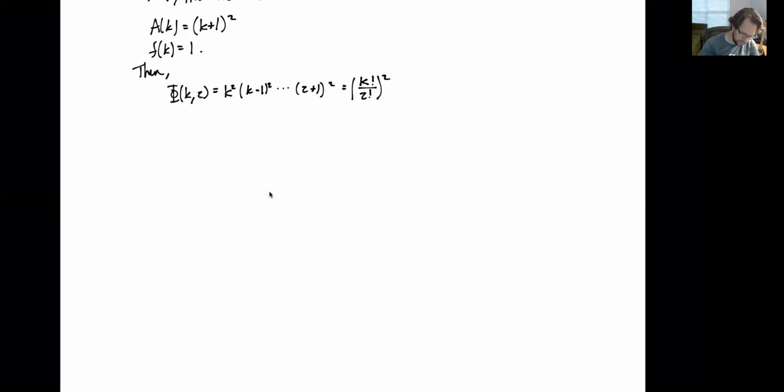So knowing that the state transition matrix is k factorial over tau factorial squared, we get that our solution is equal to the state transition matrix from 0 to k times the initial condition plus the sum.